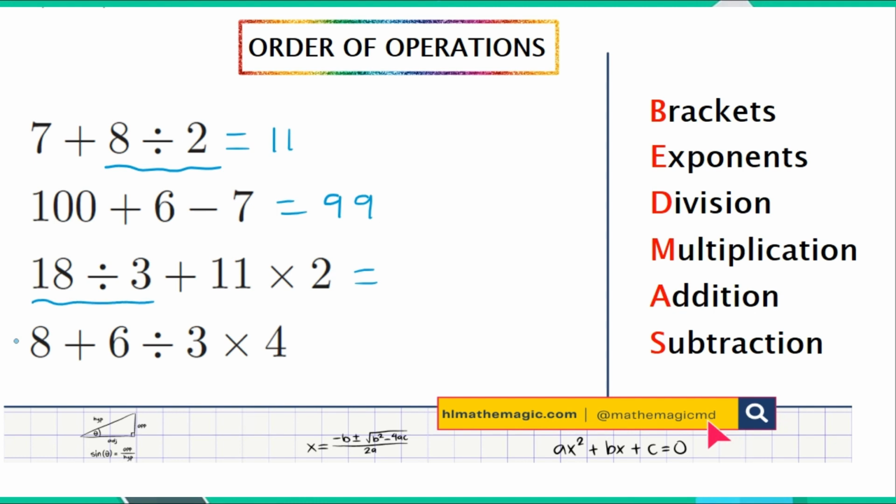So imagining that we have separate brackets here to say that we do 18 divided by 3, which is 6, independently from 11 times 2, which is 22, we end up with 28. And on to question 4 here.